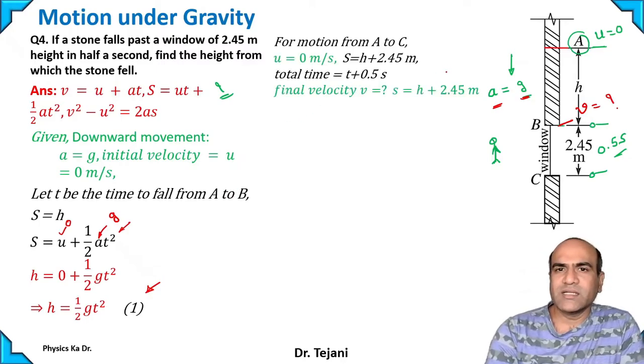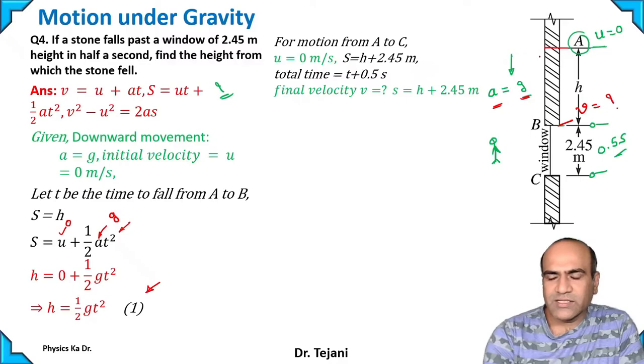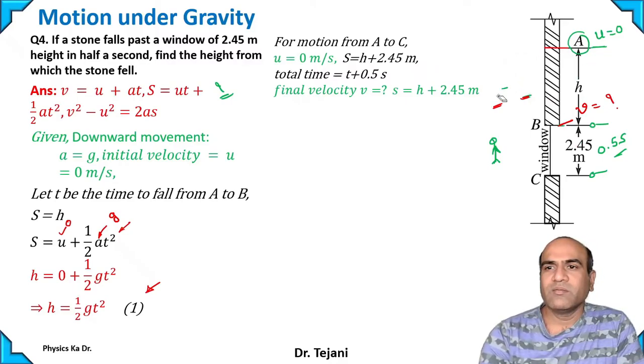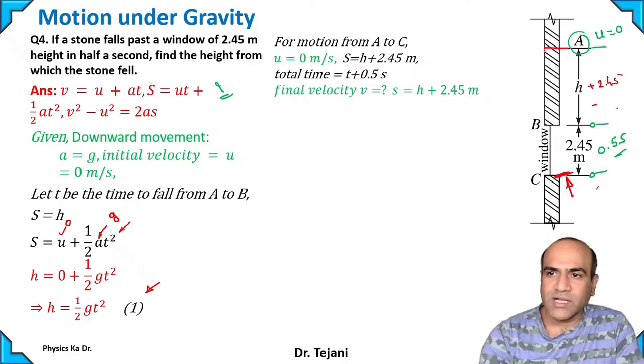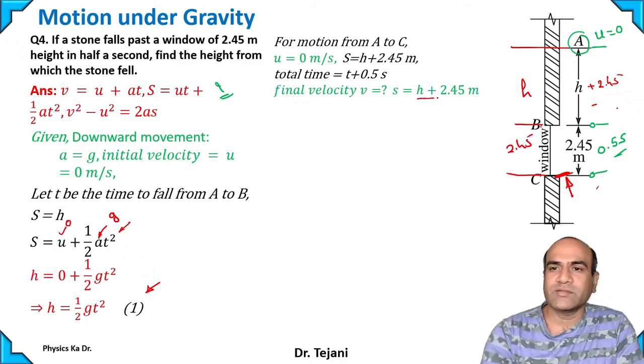Then let us consider the journey from A to C. The ball is moving straight away from A to C position here, and therefore the total height is equal to h plus 2.45. The ball starts from point A, reaching point C. A to B is h and B to C is 2.45, so the total height becomes this.